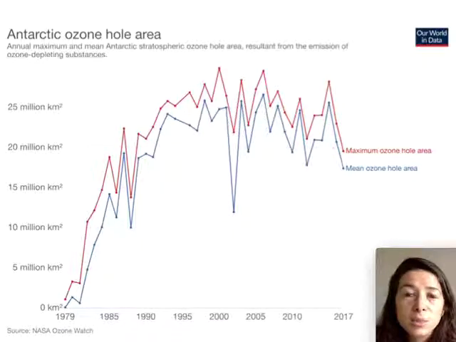So it's going to take some time to actually restore the ozone layer and that hole back to its original status. And that's why it's important to take these actions earlier on, because the ramifications continue on much longer than the time it takes to realize what's going on and to fix it.